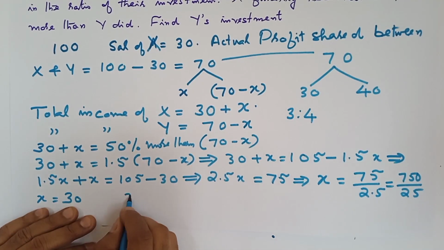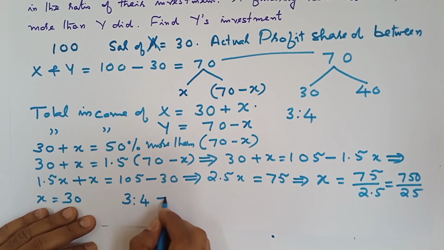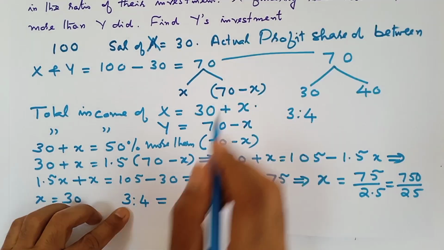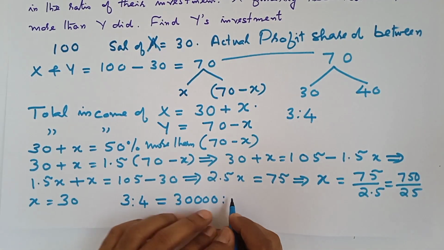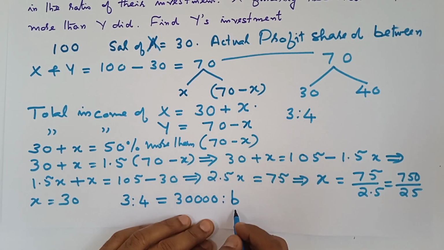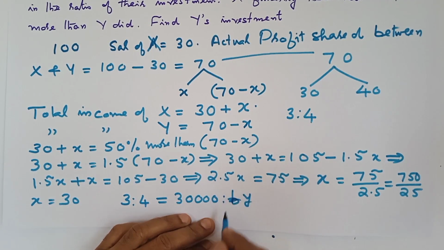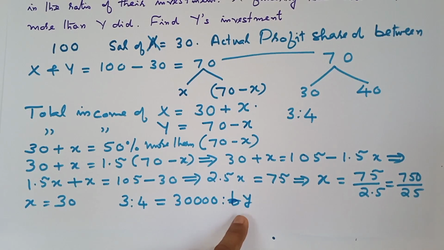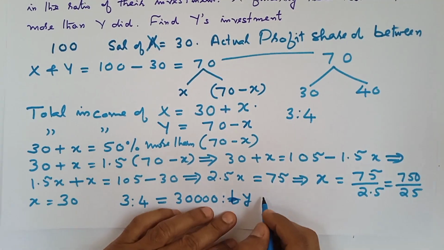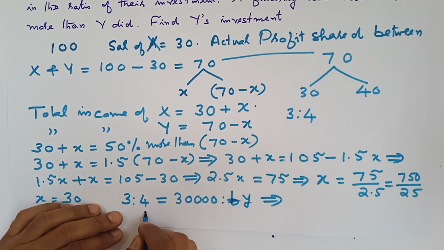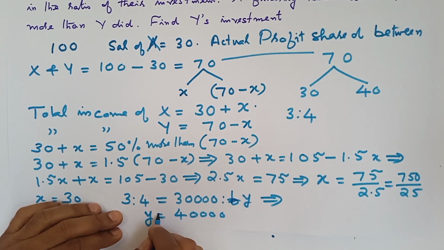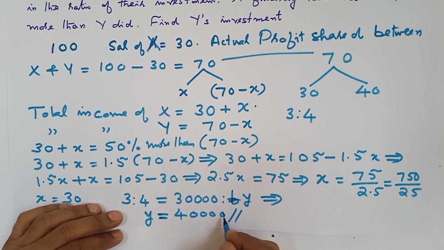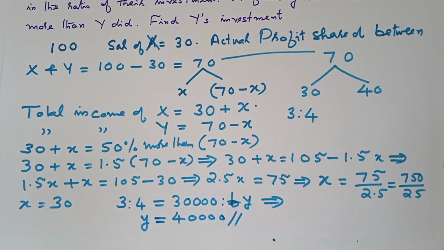Now, if 3:4 is the profit sharing ratio, we know the investment of X, which is 30. We don't know the investment of Y. Let it be y. So this clearly shows y is equal to 40,000. So we got the investment of Y in the business.